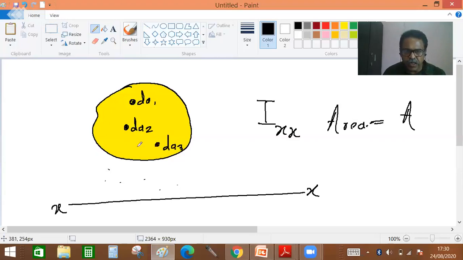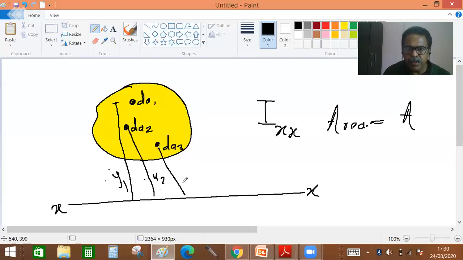So this whole area is the summation of all such elemental parts. This area has an infinite number of small elemental parts. For example, we have taken first, second, third. Now, according to the definition, MI is the area multiplied by the square of the distance. Let us have the distance of dA1 as y1, of this area y2, of this area y3.